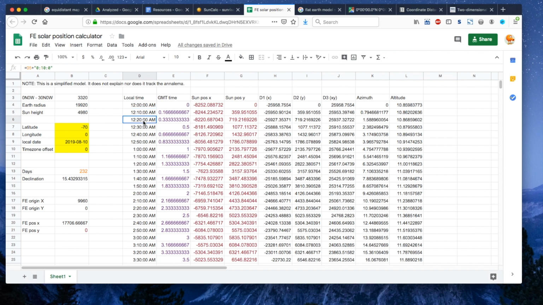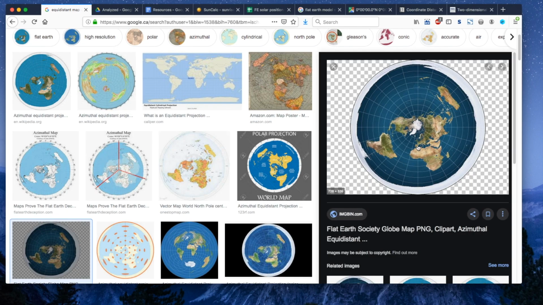Local time is incremented 10 minutes. GMT time is offset from local time so that this represents the hours from GMT. And keep in mind that if GMT is always here, then we can calculate where the sun should be based on 24 hours.